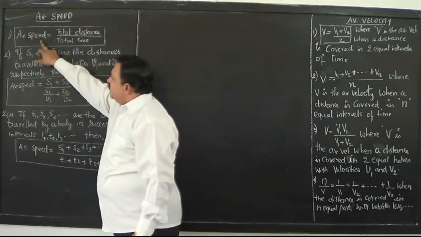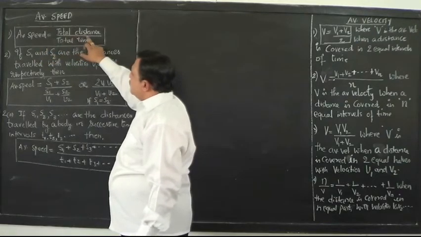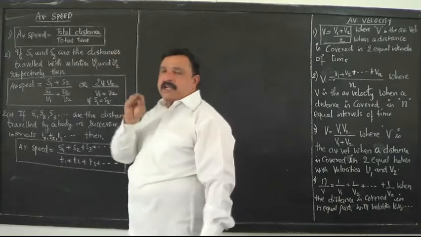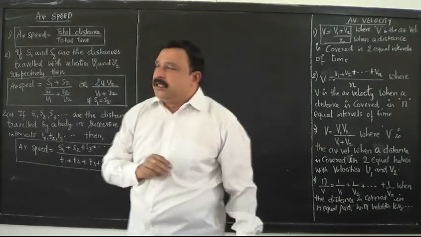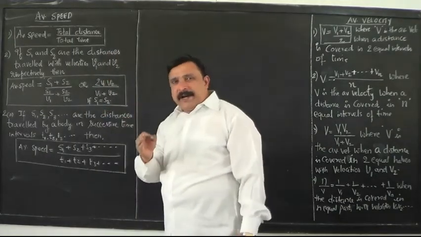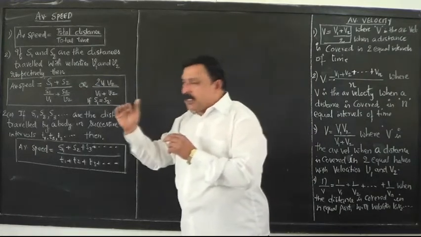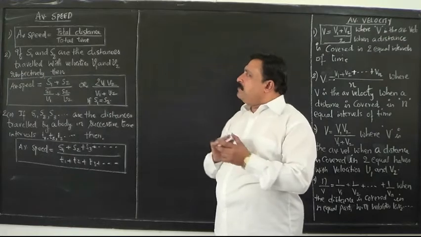Average speed is defined as the total distance over total time taken for the journey. Simply remember, average speed of a body is the ratio of the total distance covered to the total time taken.